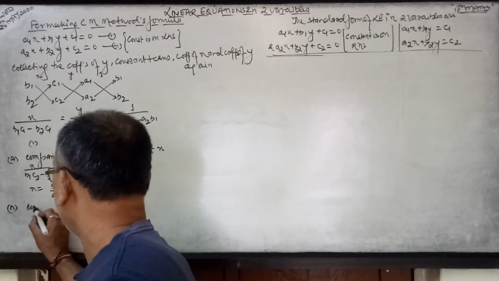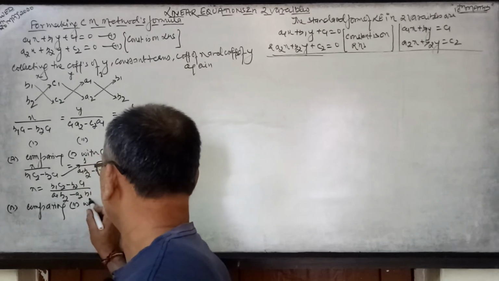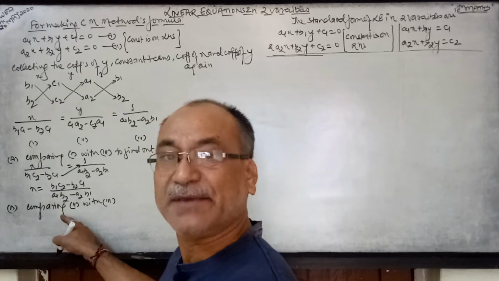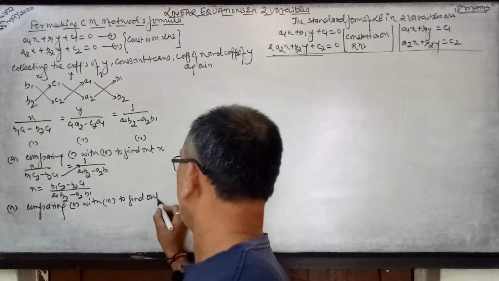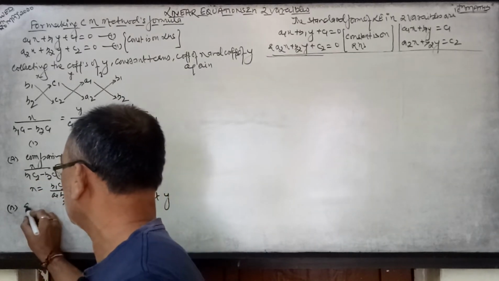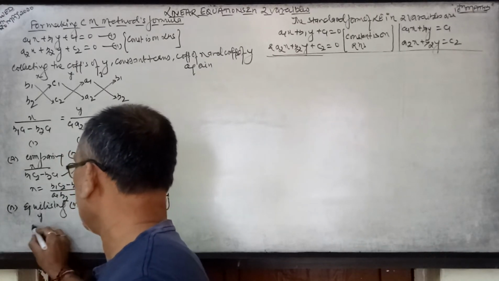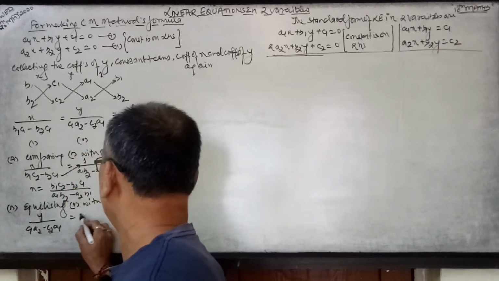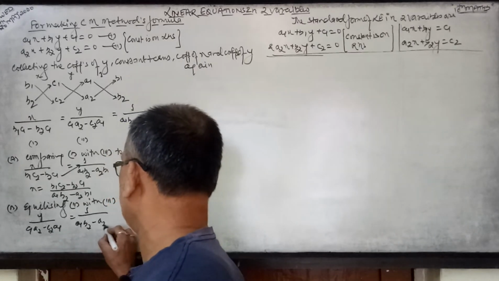And secondly, comparing 2 with 3, writing comparing is not necessary, you can also write equalizing, to find out y. y over c1 a2 minus c2 a1 is equal to 1 over a1 b2 minus a2 b1.